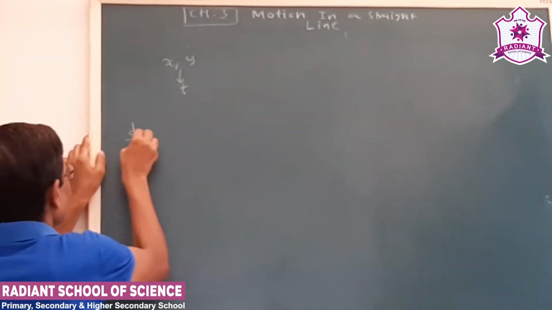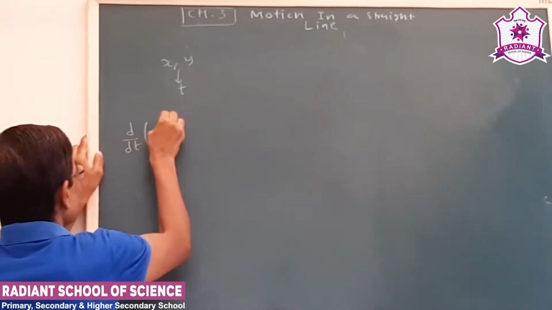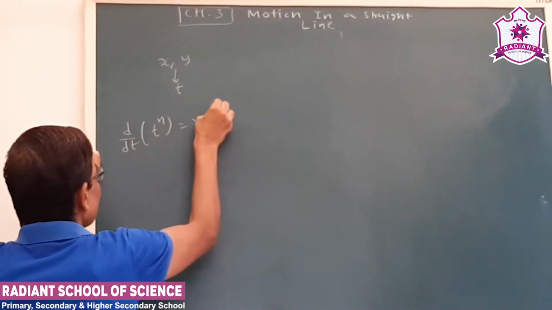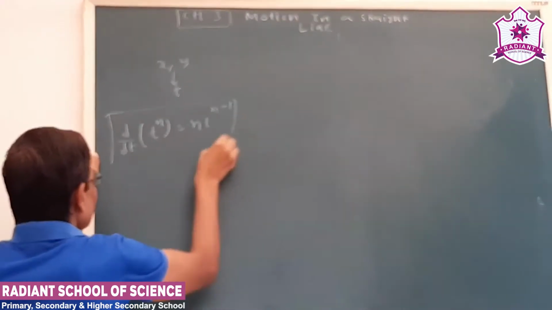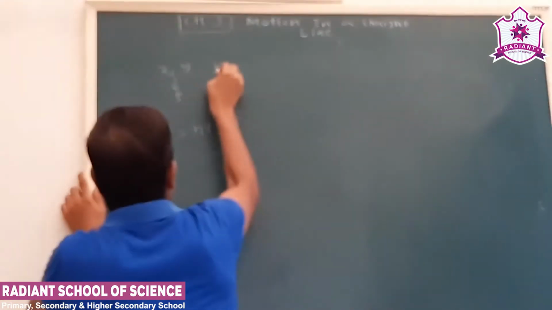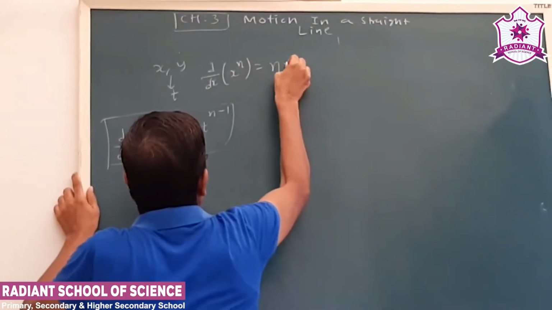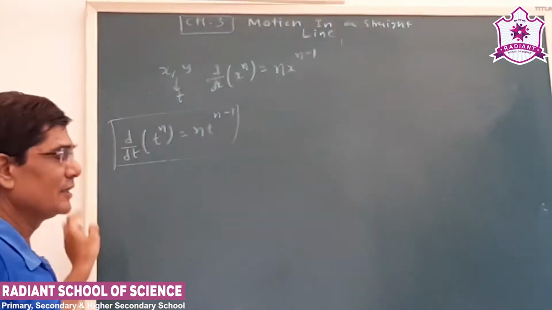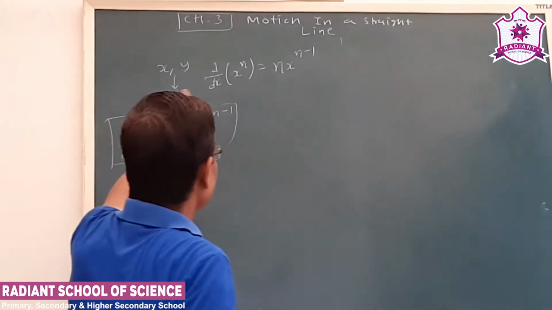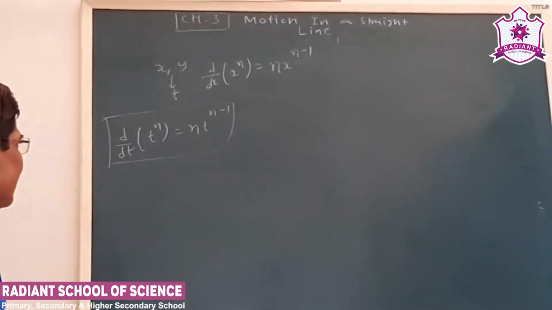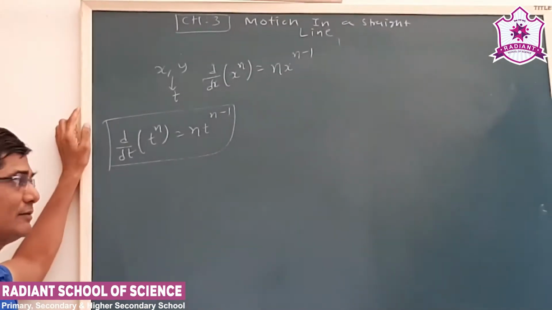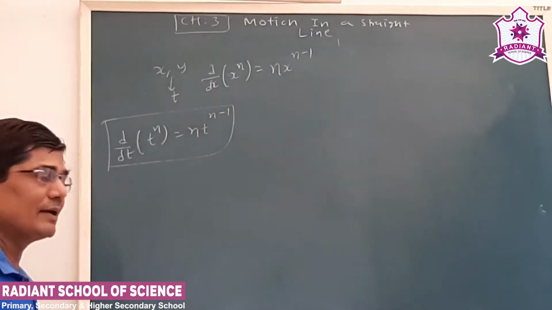Now the generalized formula: d by dt of t raised to n is n t raised to n minus 1. This is a basic formula. When we take a derivative with respect to x, it is d by dx, and with respect to t, it is d by dt.